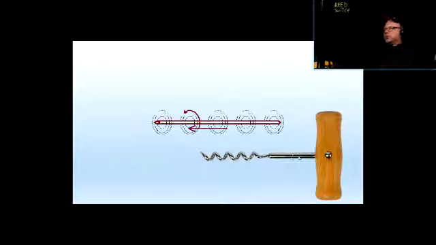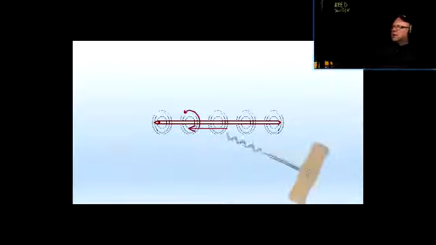So the forward motion of the corkscrew represents the current flow, and the direction of turning would be representing the direction of the electromagnetic field. All right, with me so far? All right, let's get rid of the corkscrew.